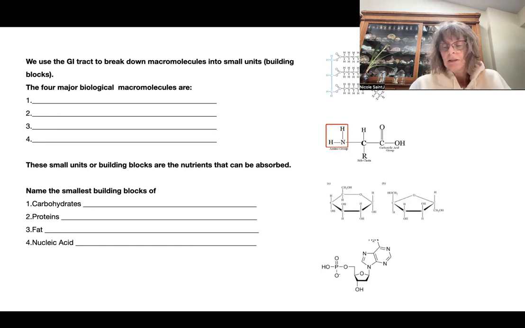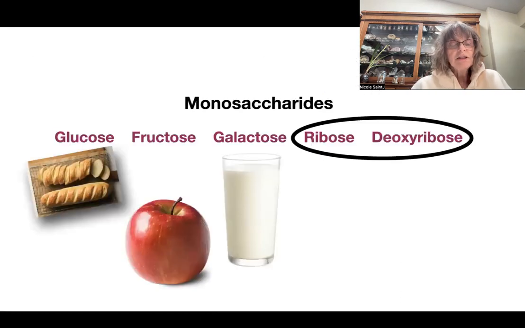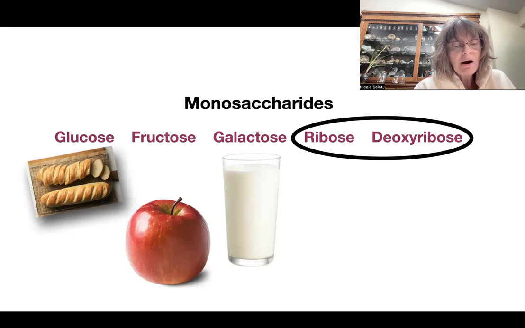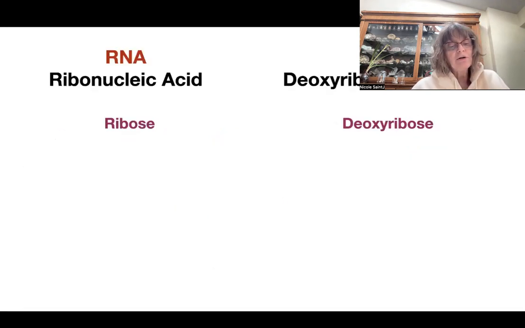But moving on, since we already talked about the monosaccharides, ribose, and deoxyribose, let's see how they fit into the picture. Ribose is part of the RNA molecule, the ribonucleic acid, and deoxyribose is part of the DNA, the deoxyribonucleic acid.